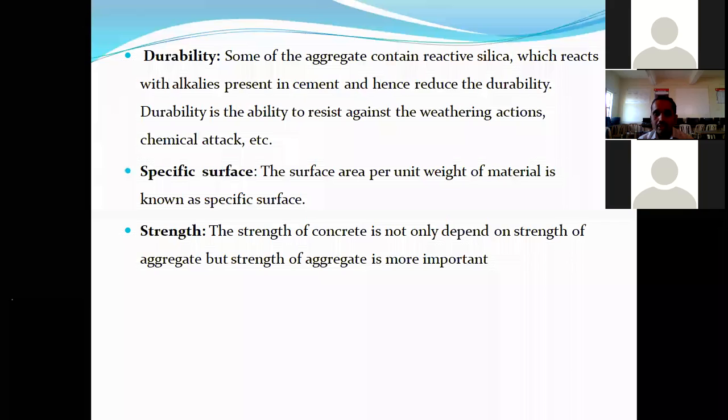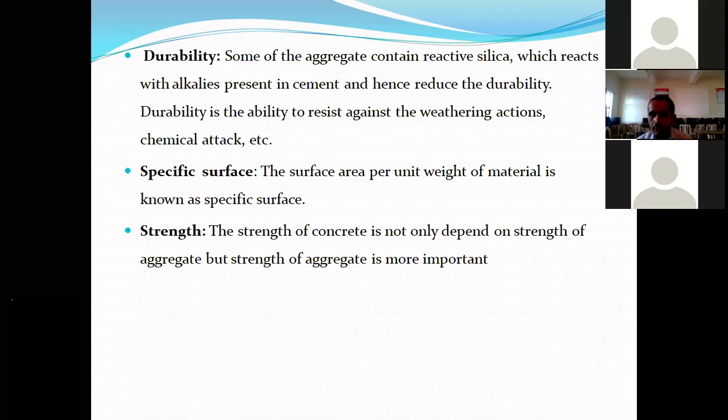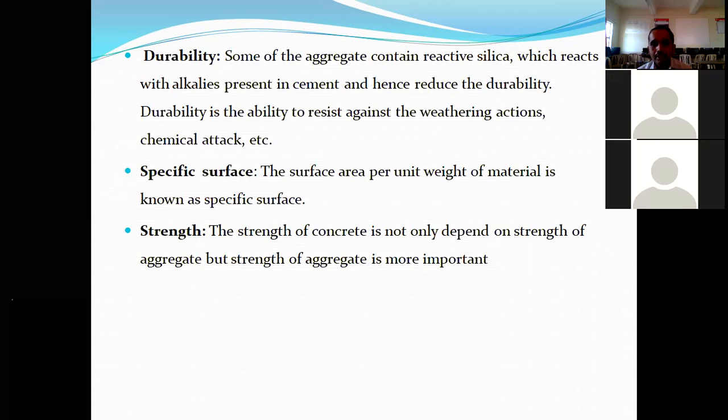Because if a single ingredient like aggregate has greater strength and the cement or coarse aggregate has low strength, then the concrete will not have the specific strength under load resisting conditions. So to make concrete with greater strength, we require ingredients with high strength. So the aggregate with greater strength is most important for concrete with a required specific strength.